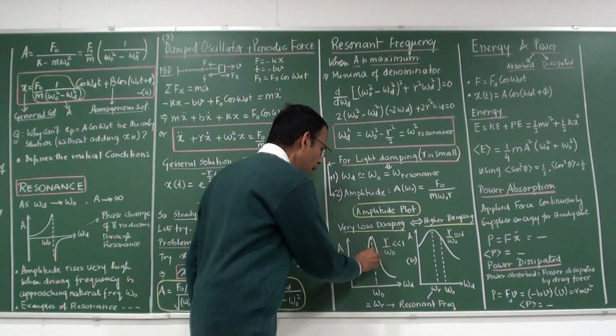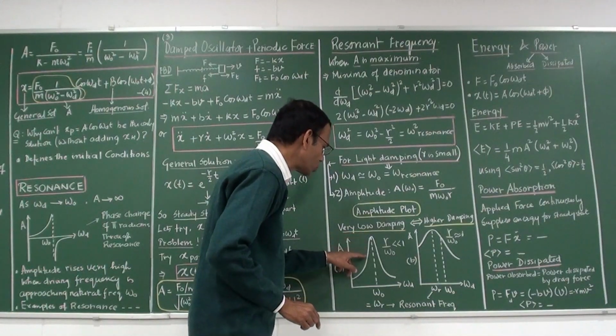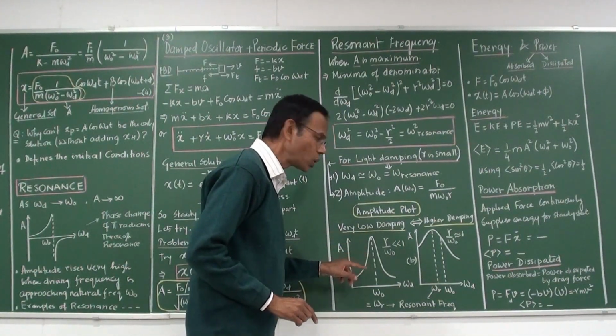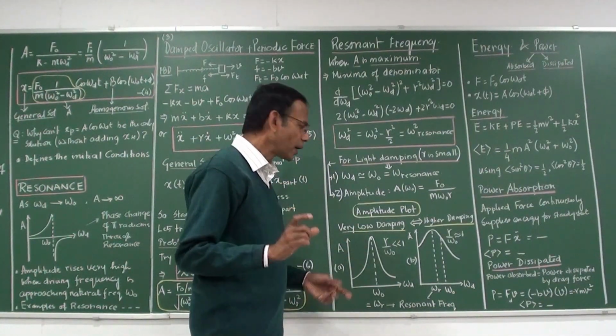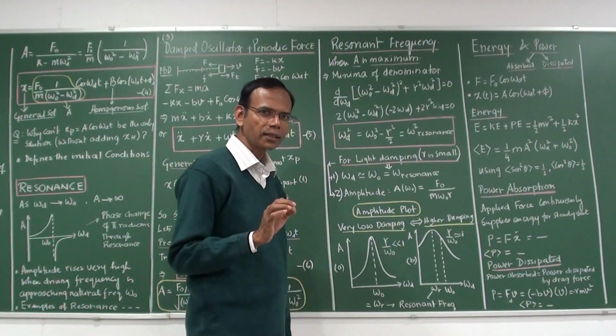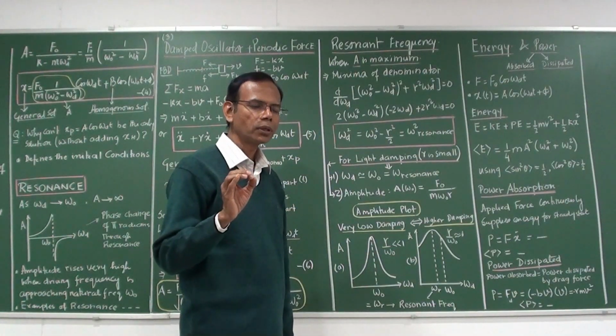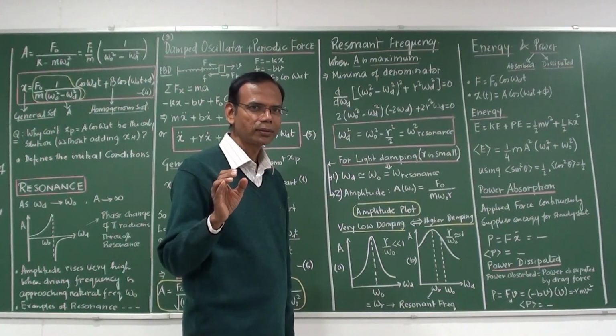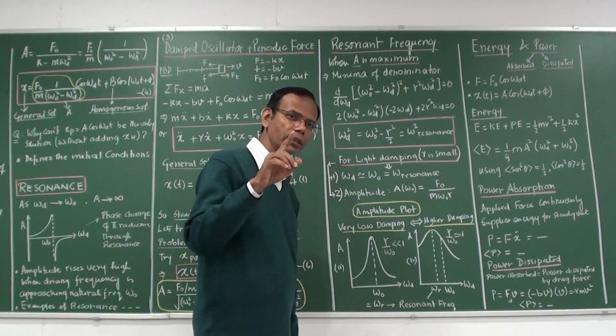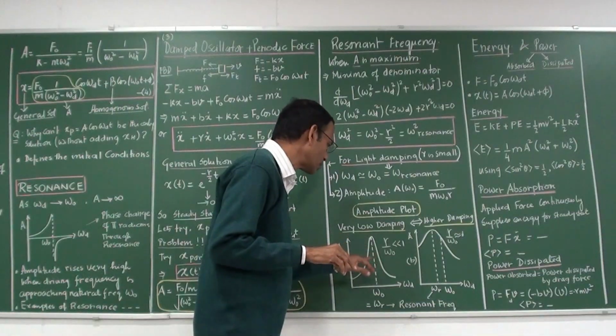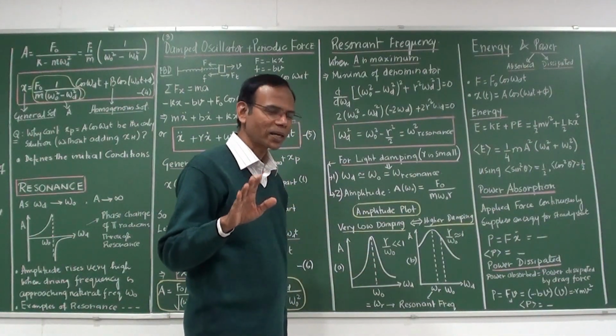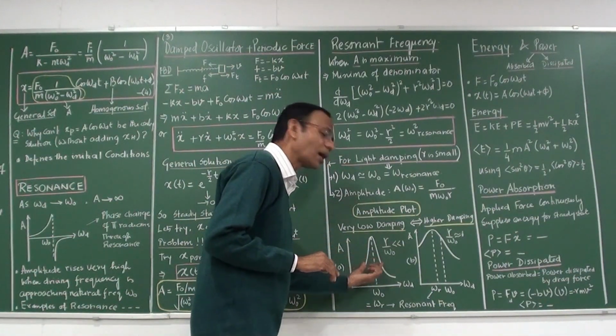So the width, where the amplitude becomes half, will be gamma. And that we call in technical terms FWHM, full width at half maximum. So there you get the gamma.